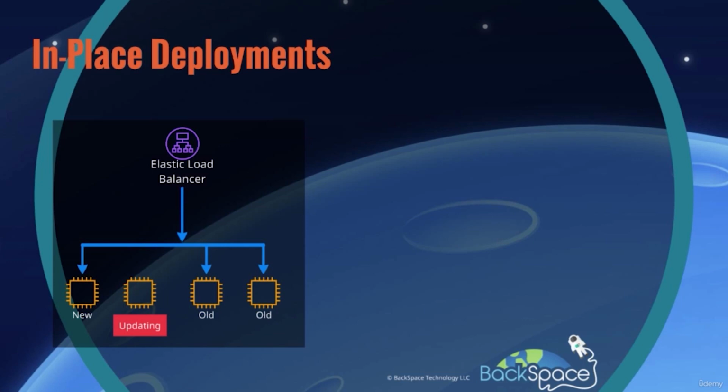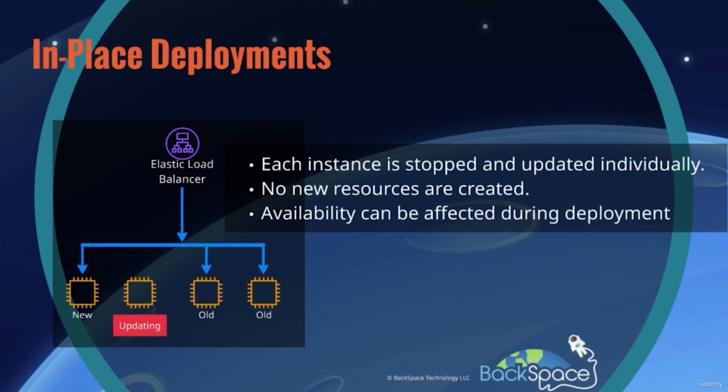So there our capacity goes down from 4 to 3. So we need to manage that. So the points to take away here are that each instance is stopped and updated individually. No new resources are created, and because of that, the availability can be affected during the deployment.